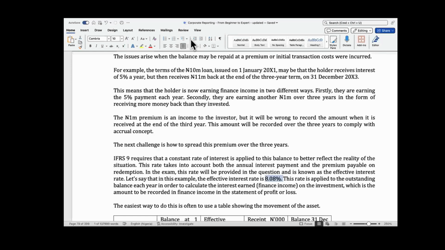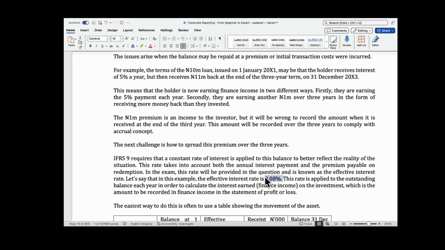So the learning here is, when should you expect an effective interest rate? It's simple: when the repayment is at a premium. When the repayment is a premium, expect an effective interest rate.